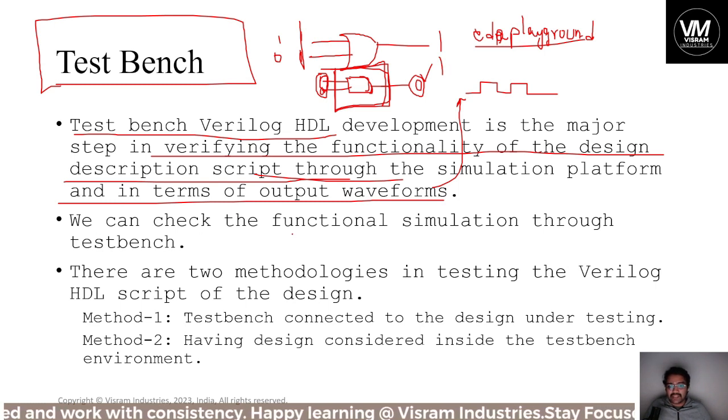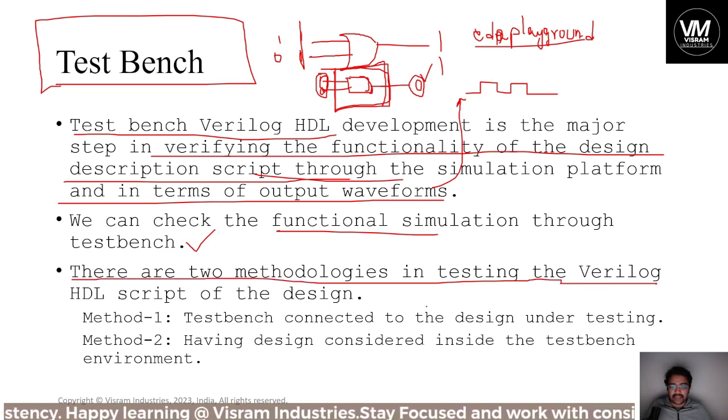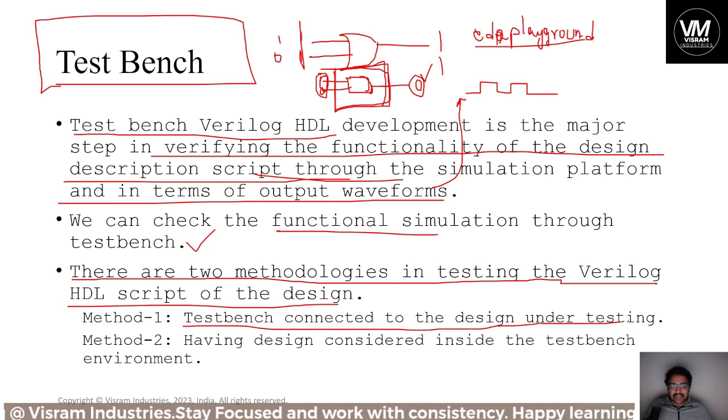And then we can check the functional simulation through the test bench. That is our main motto of the test bench. Then there are two methodologies in testing the Verilog HDL script of the design. One type of test bench simulation is test bench connected to the design under testing.